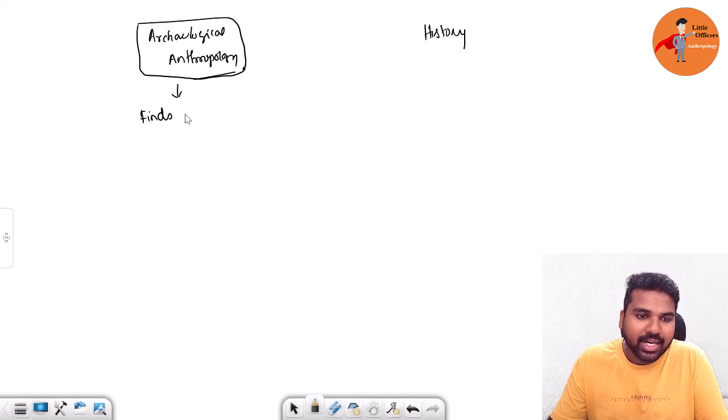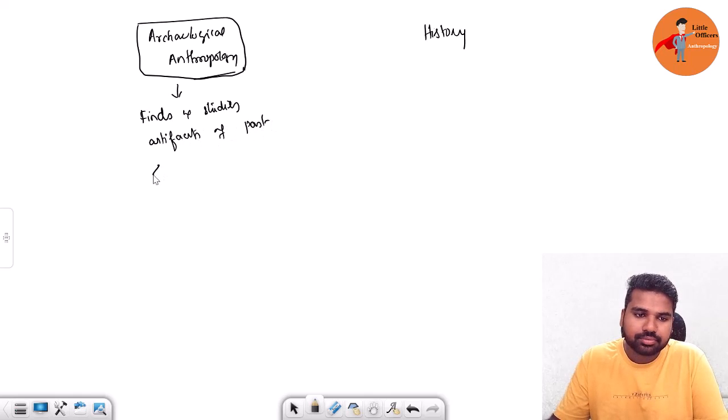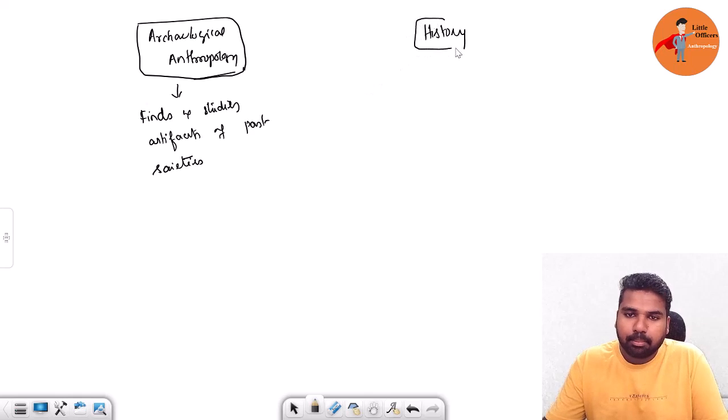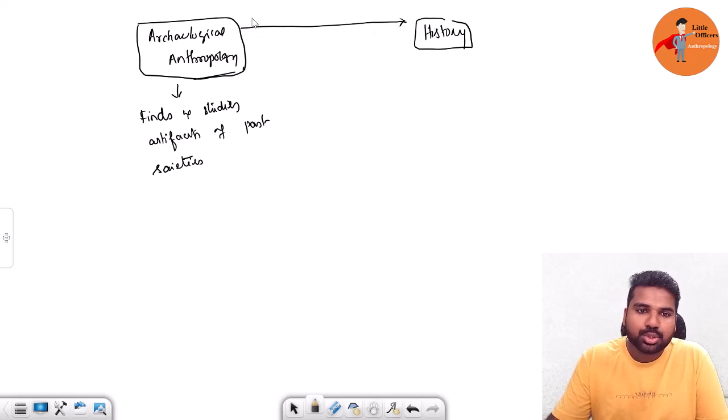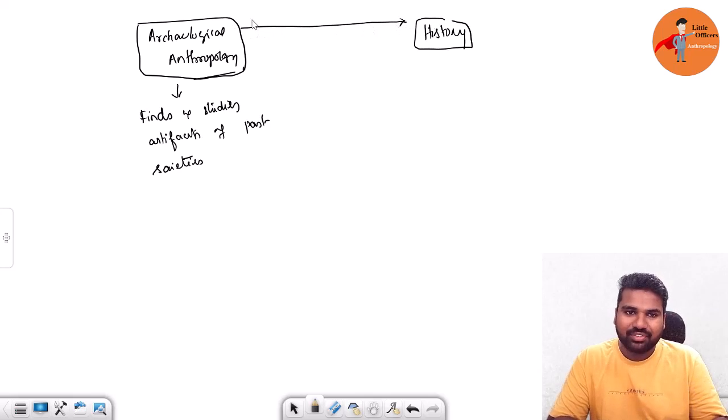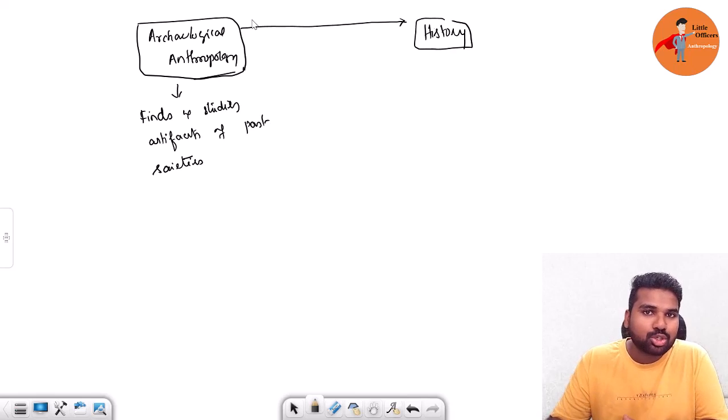Finds and studies artifacts of past societies. Now based on that, archaeological anthropology says that so and so artifacts belong to so and so time and maybe so and so purpose.